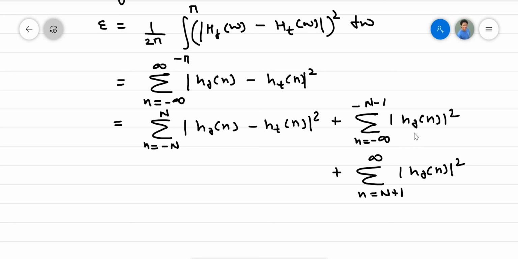Now one can clearly see this error can be minimized only when... It cannot be 0 because there is a component of h_d[n] here. So it depends upon that particular truncated part. So obviously h_t[n] cannot match exactly the h_d[n] part, so there will be some error.